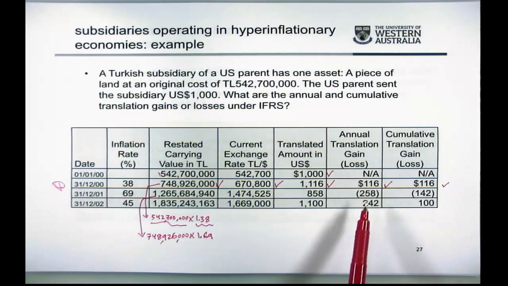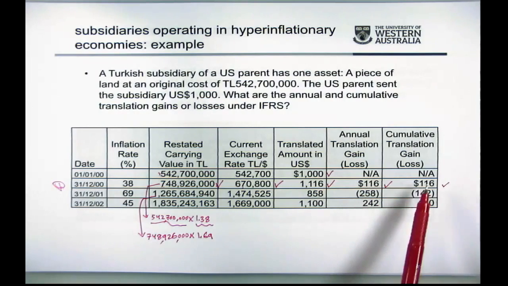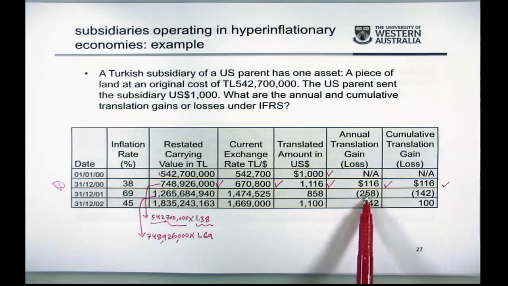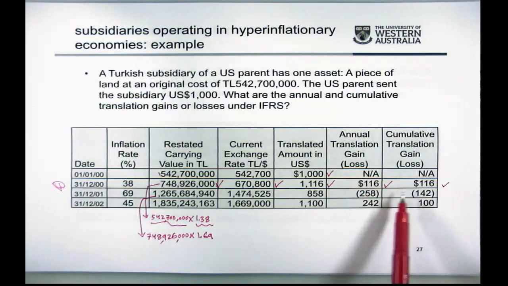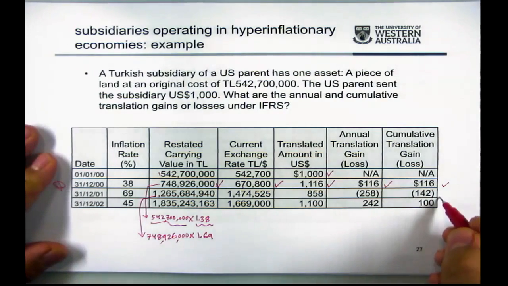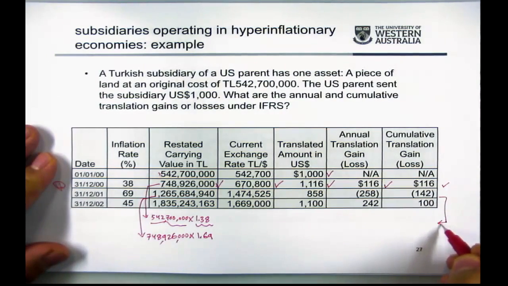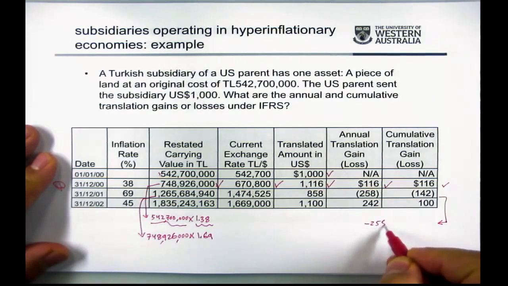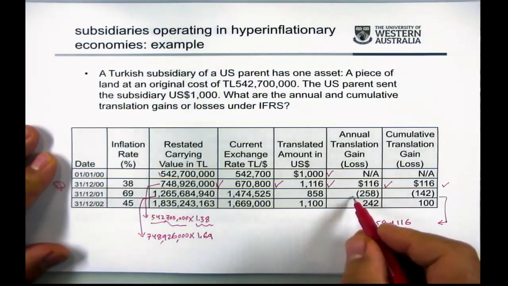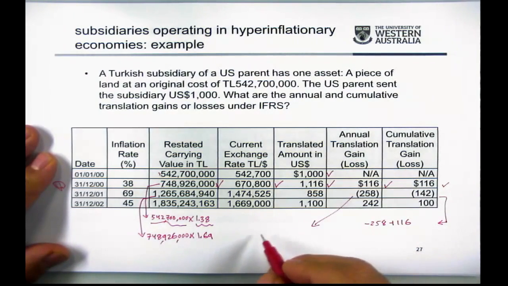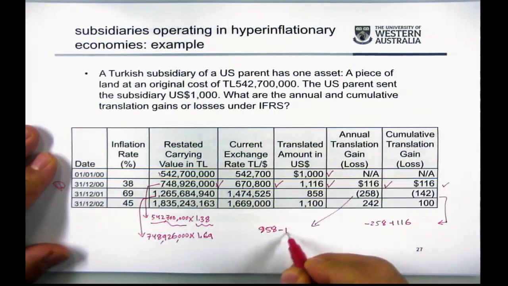The loss of 258 is added to the balance of gain or loss at the end of the former year. So negative 258 plus 116. So this one is equal to negative 258 plus 116, and this one is equal to negative 142.